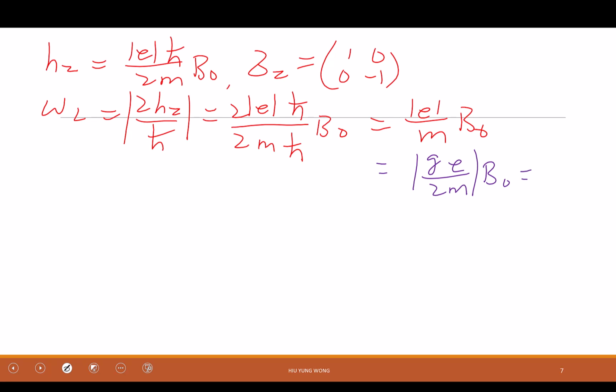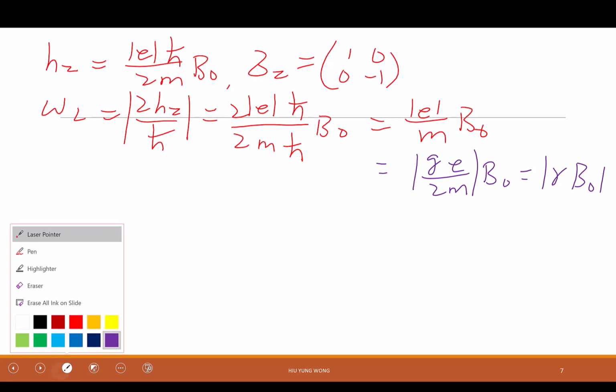Or more commonly, even for other particles, you just put gamma B0, the gyromagnetic ratio times the magnetic field, which gives you the precession frequency. So with this derivation, even when you talk about holes or protons, you will have the same equation. And this is the Larmor frequency.